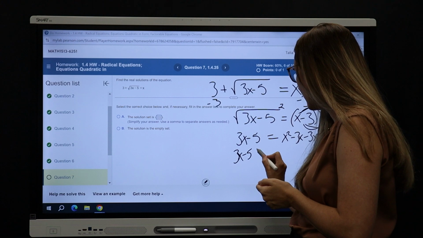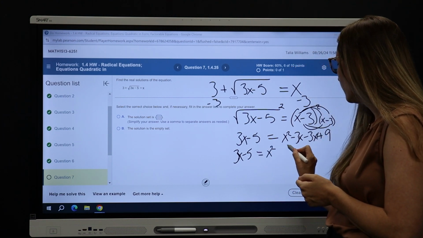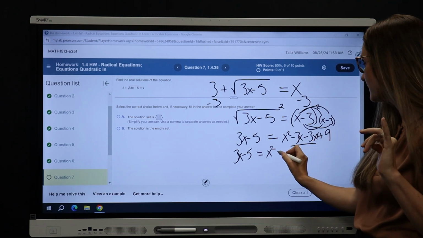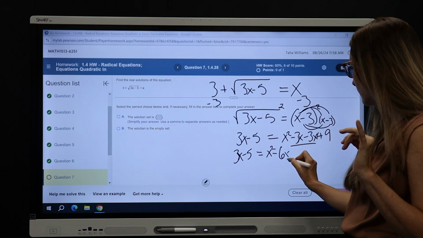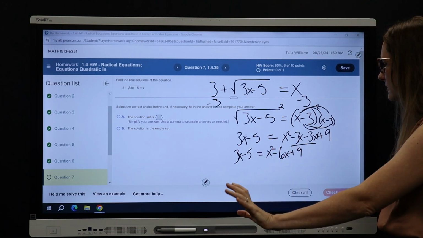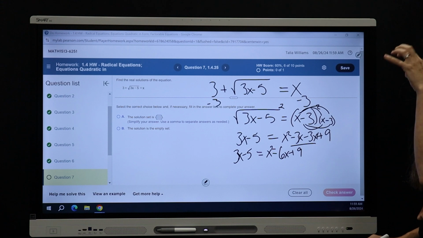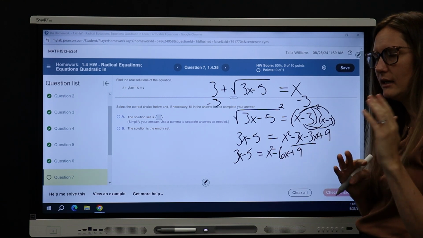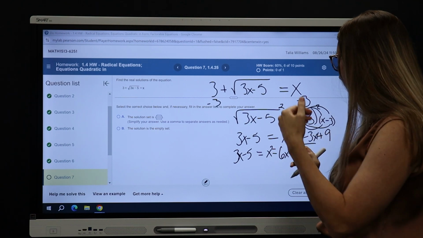3x subtract 5 equals x squared. We combine our 3x's right here, so -3 and -3 is -6x plus 9. Now I'm going to bring everything to the side that x squared is on. The previous problem we had 2x squares, so we had to combine them. And when we did, it made it 0. They canceled each other out.